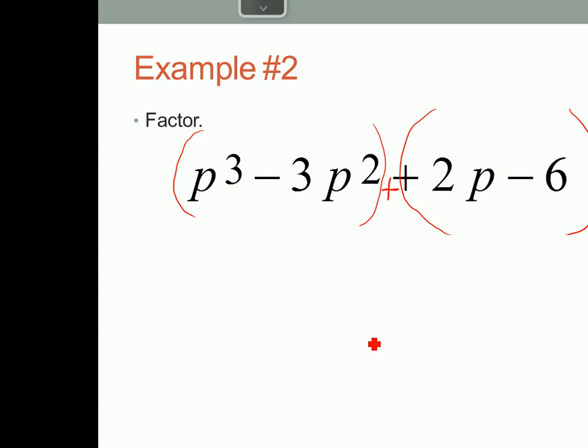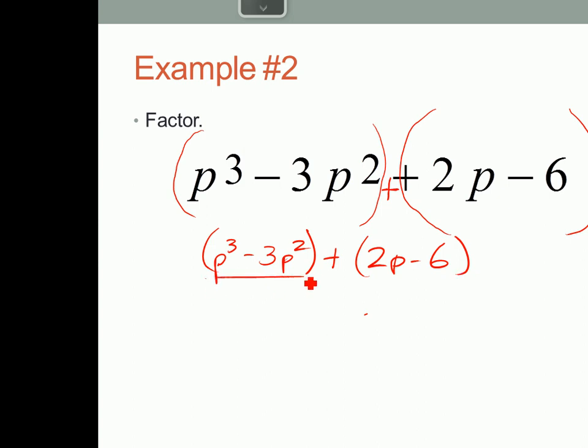They're still technically grouped together, right? So with that being said, you rewrite it. Let's rewrite it, make it look nice and neat. That's going to be p cubed minus 3p squared, that's in parentheses, plus 2p minus 6. Right? So then, why don't you just factor them individually?